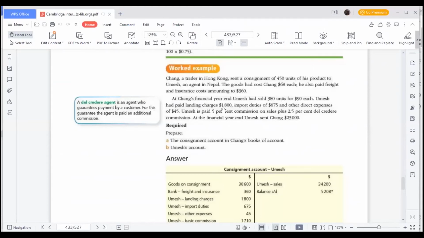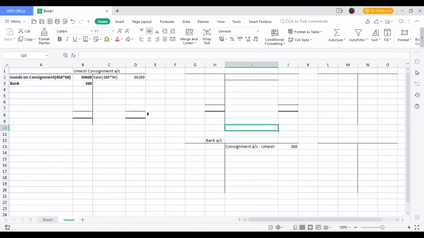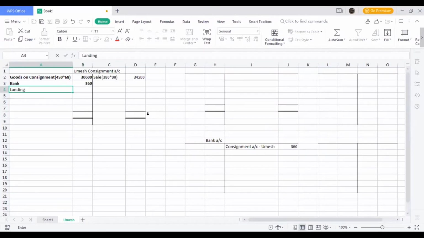Umesh had paid landing charges 1800, import duty 675. So let me write what Umesh has gone through. Landing charges. Also remember to write the name. 1800, and then what are the other charges we had? Import duties, right?